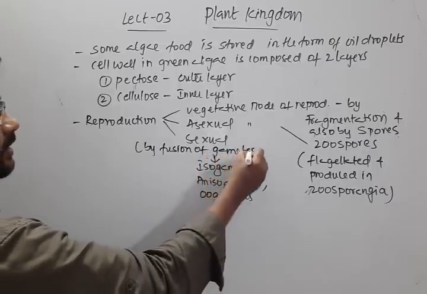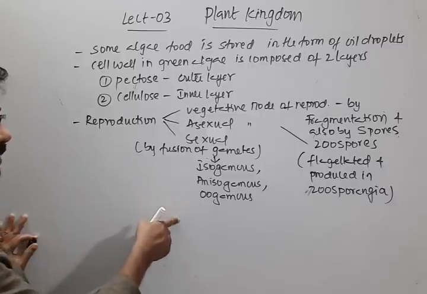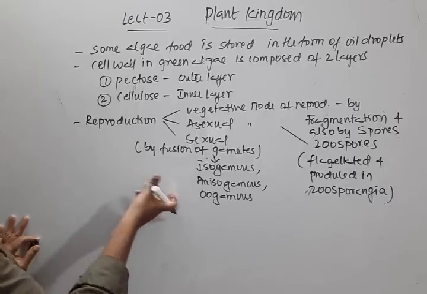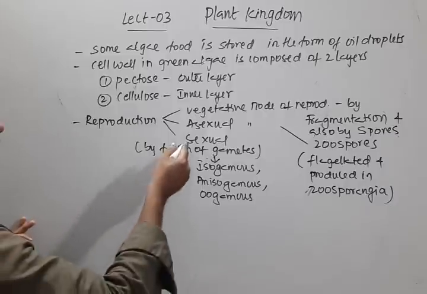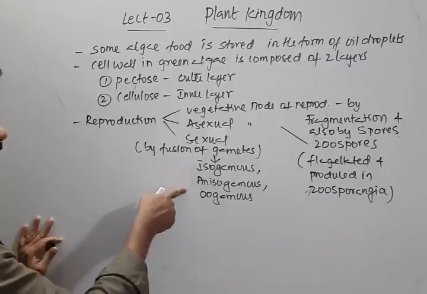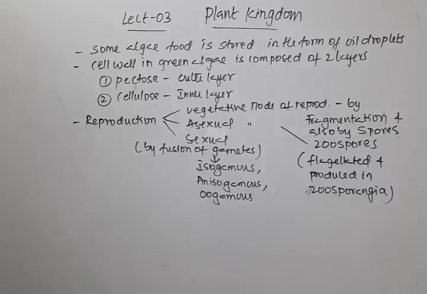One gamete will be male and one will be female, and the union of those gametes results in the formation of a zygote. So that is the sexual mode of reproduction, and it can be isogamous, anisogamous, or oogamous, taking place in green algae.